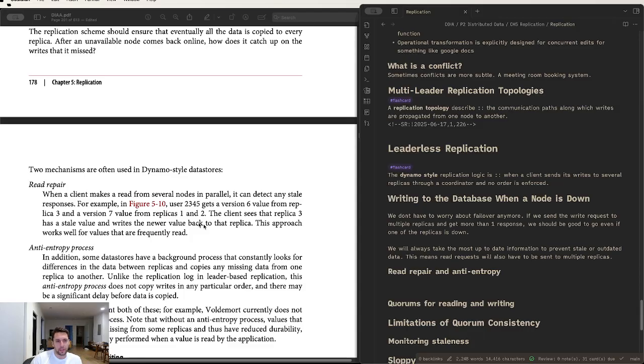When a client makes a read from several nodes in parallel, it can detect any stale responses, so a read can result in a write. For example, in figure 5.10, user 2 gets a version 6 value from replica 3 and a version 7 value from replicas 1 and 2. The client sees that 3 has a stale value and writes the newer value back to that replica. This approach works well for values that are frequently read.